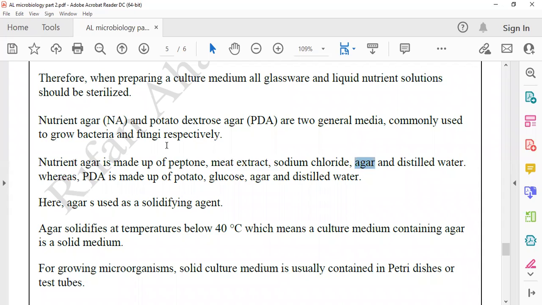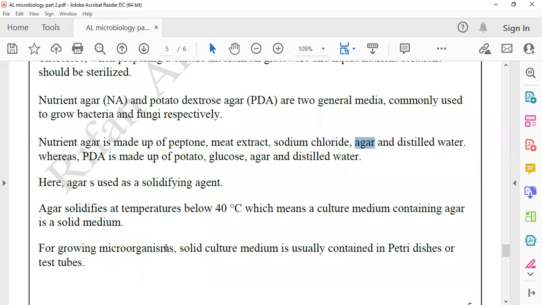And distilled water. On the other hand, PDA means potato pieces, their extract, glucose, those things we use. Nutrient agar is rich in protein. Because it is rich in protein, nutrient agar is good for bacterial growth. PDA is rich in carbohydrates, so it is good for fungal growth.